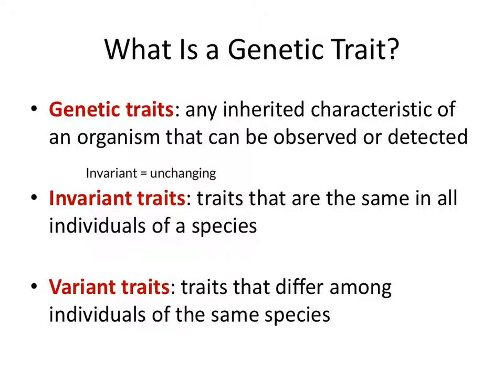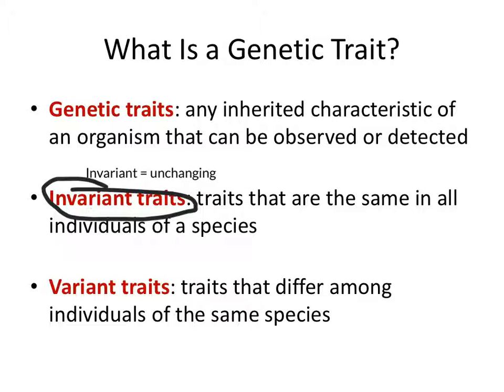There are some traits that are invariant. That means they're unchanging. For example, all humans are born with 4 limbs. Unless there's a mutation, but it's an invariant trait. Okay? We have 2 arms and 2 legs.